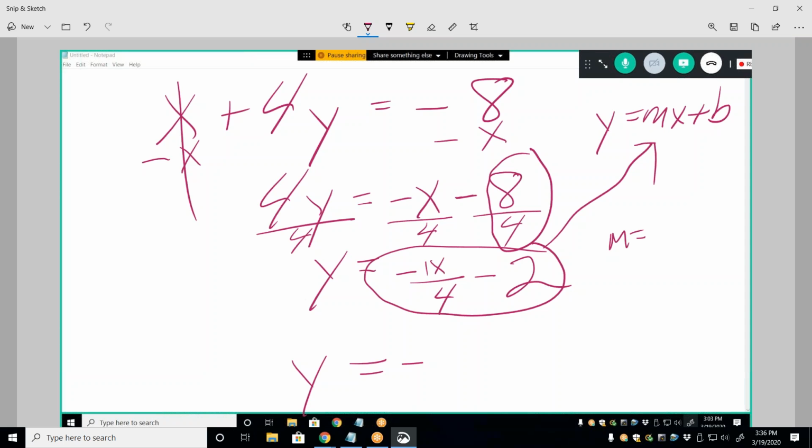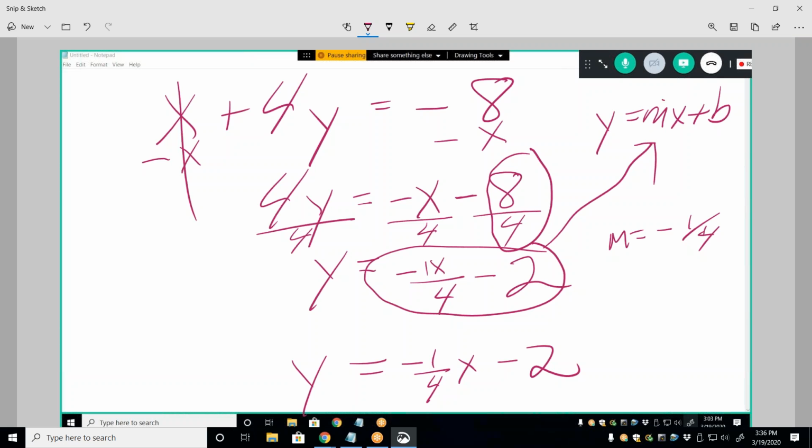The better way to write this is like this. That is then precisely y equals mx plus b format. I now know the slope is what? Negative 1/4, not x. It's just the coefficient of x. The slope never includes the x as part of it.